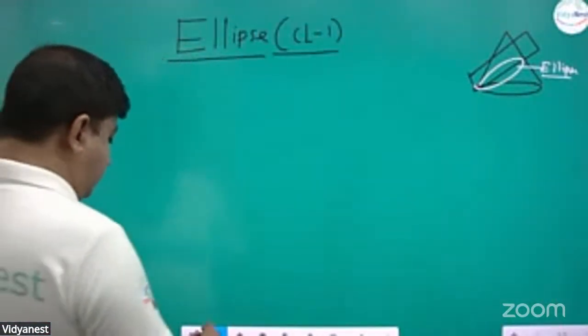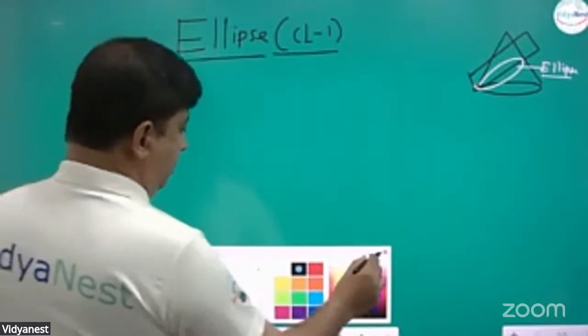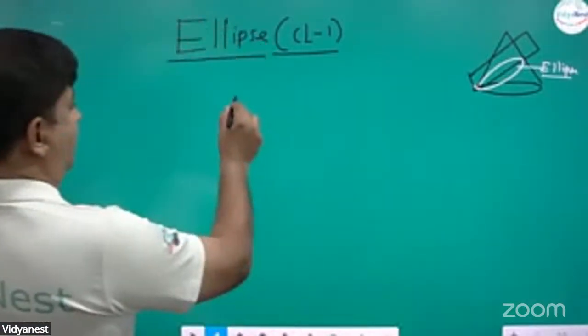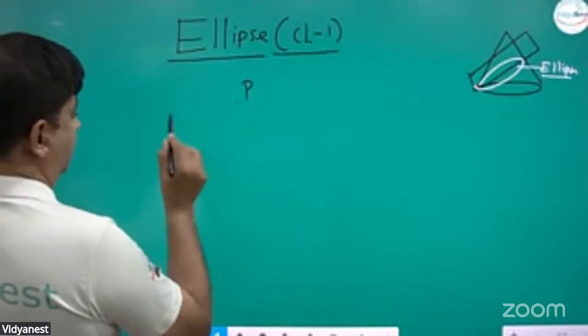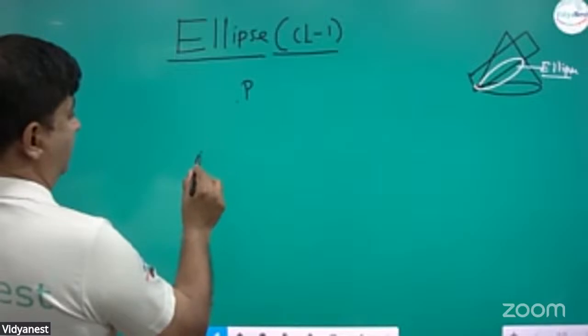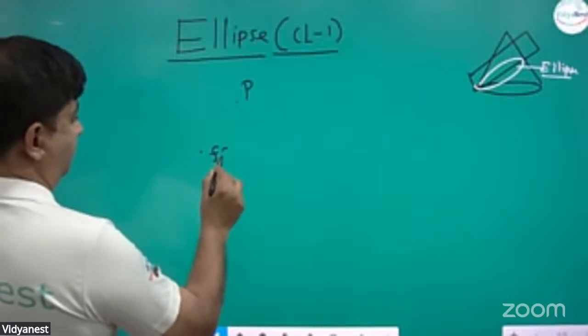Now, if there is a variable point and there is a fixed point, that fixed point is called focus.